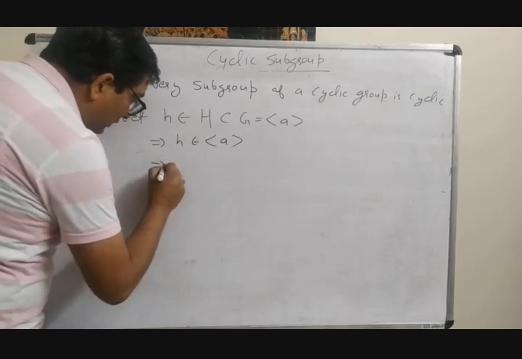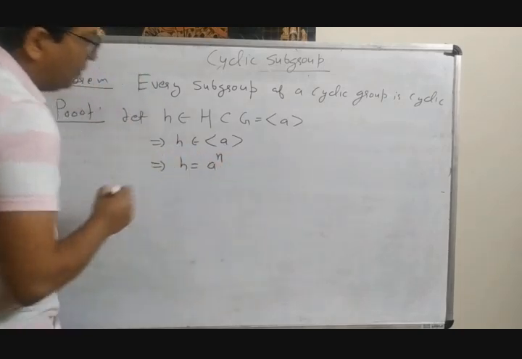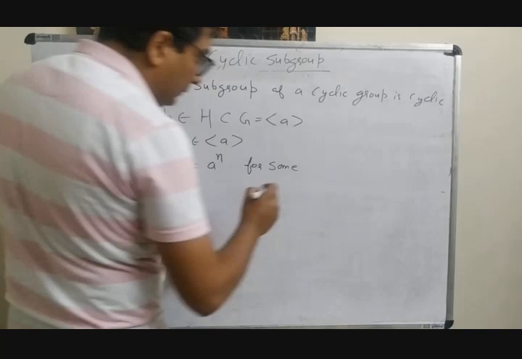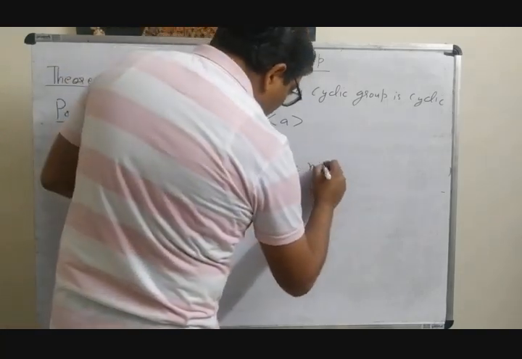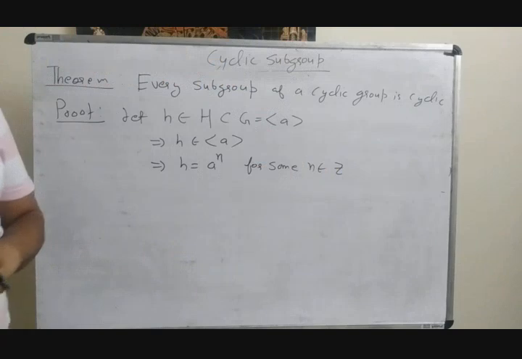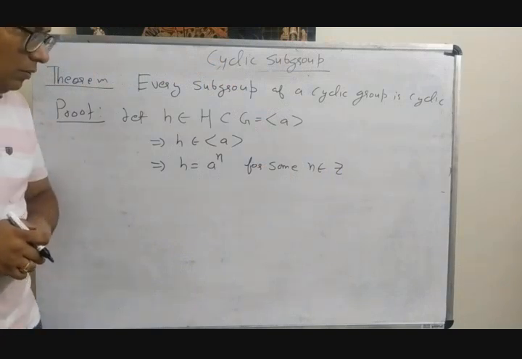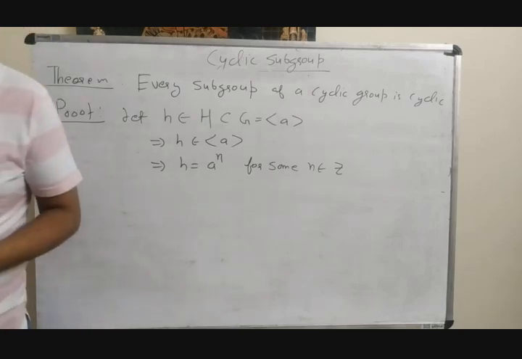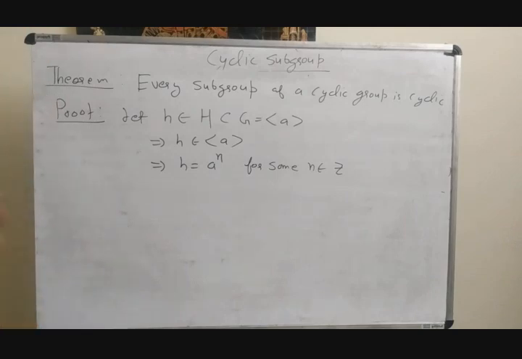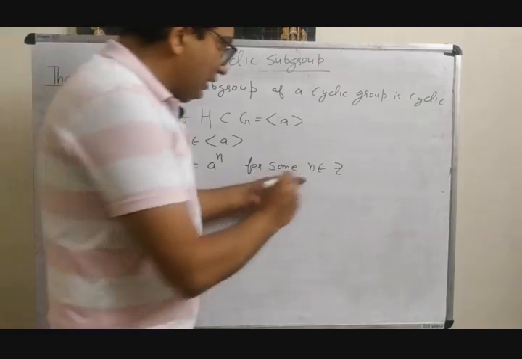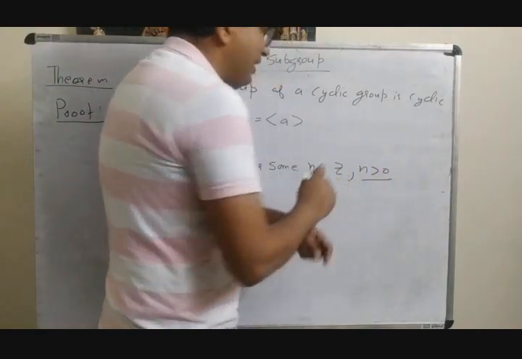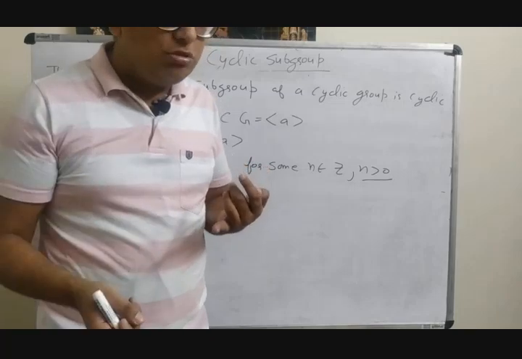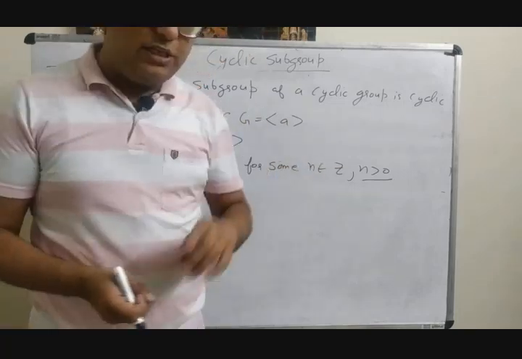So this implies h should be equal to a raised to power n for some n belongs to Z. Now we can first assume that this n is greater than 0. We can assume this because we have just proved that if a is a generator, a inverse is also a generator.